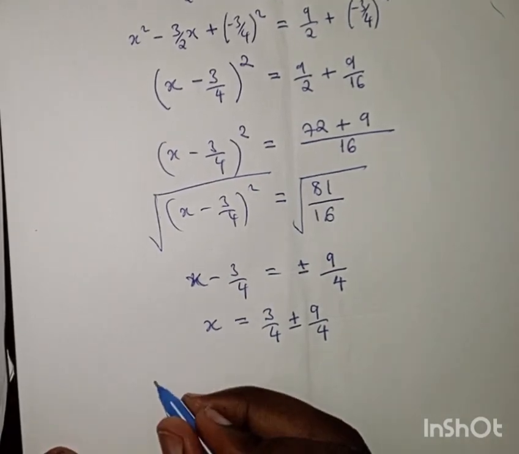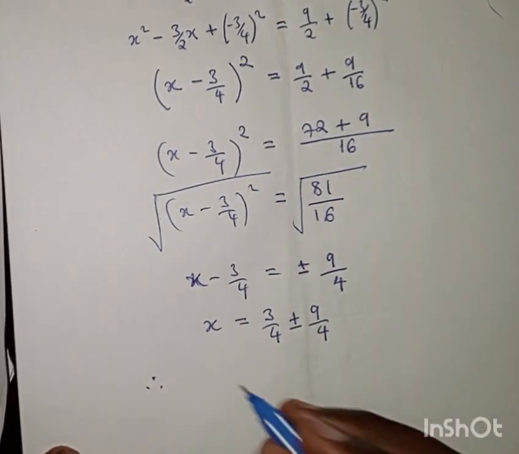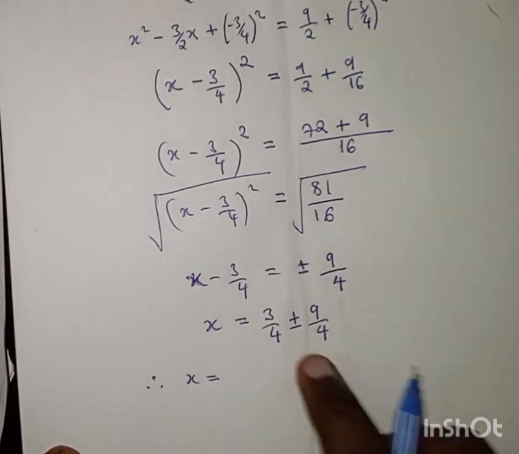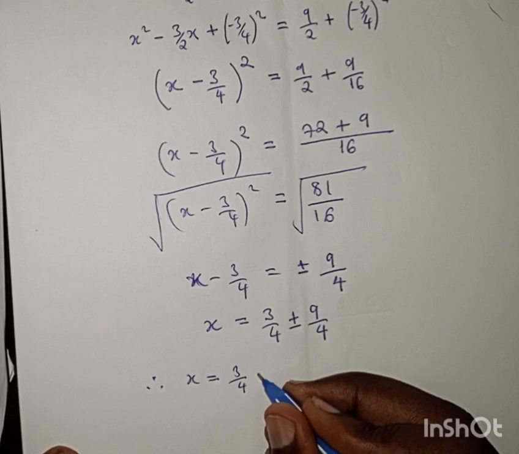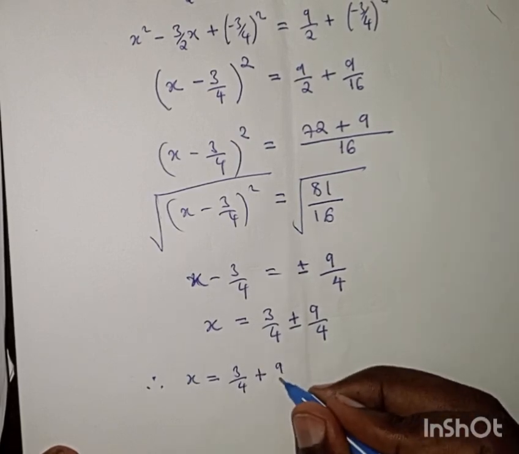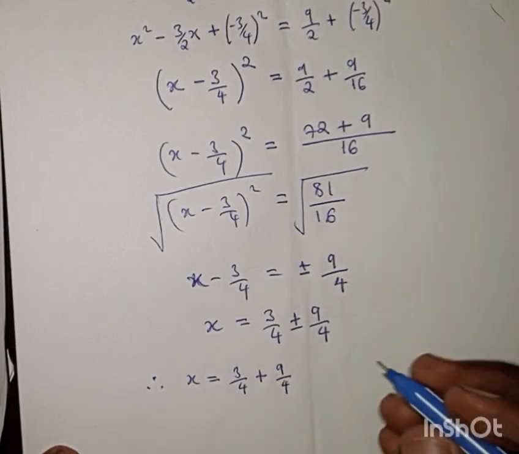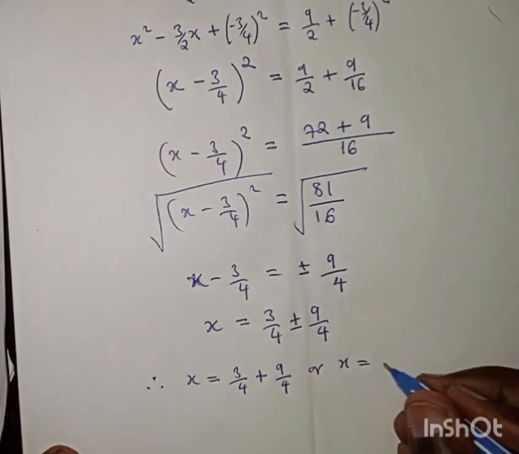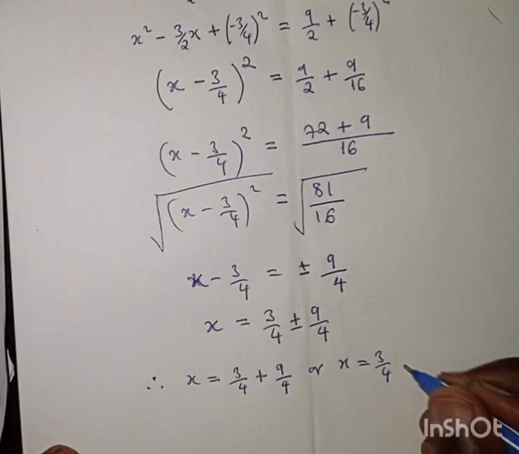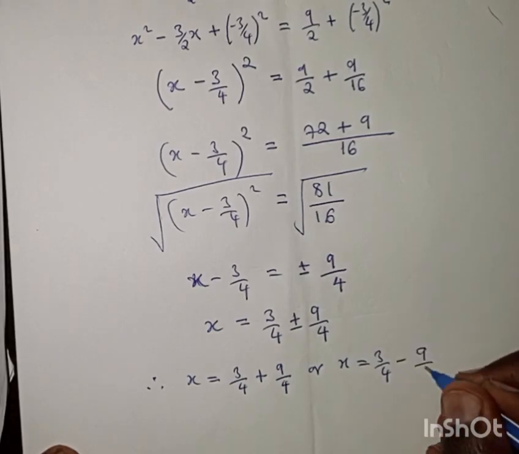Okay, therefore, x is equal to, so here we have plus or minus. So you say it's 3 over 4 plus 9 over 4, or x is equal to 3 over 4 minus 9 over 4.